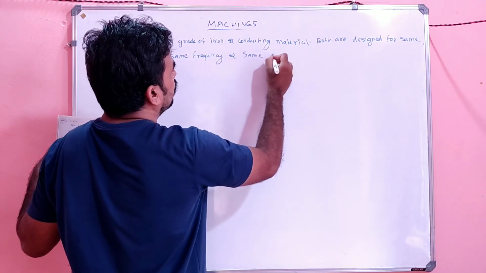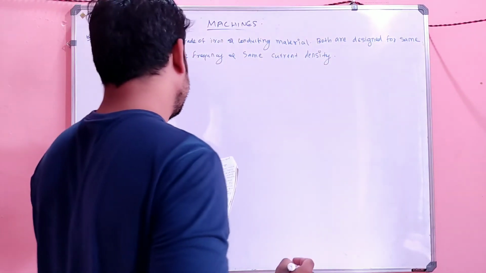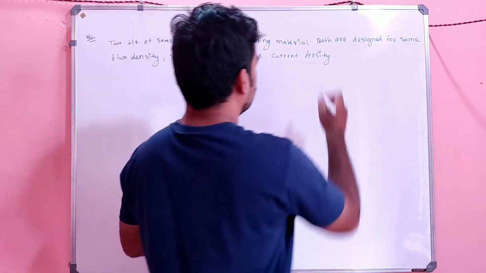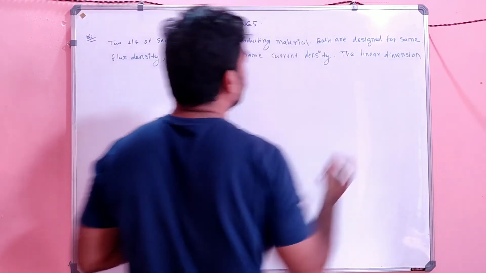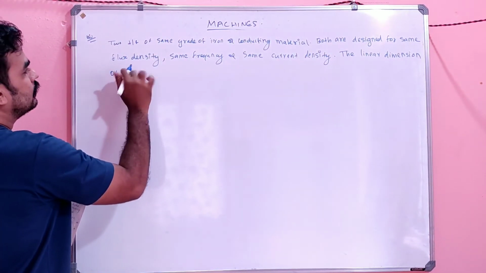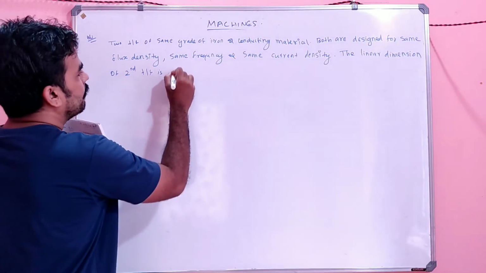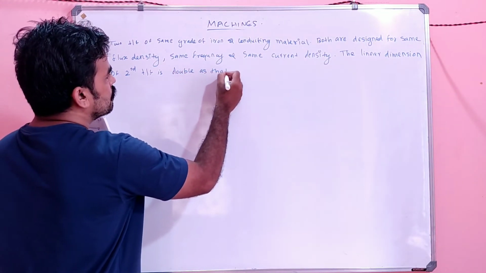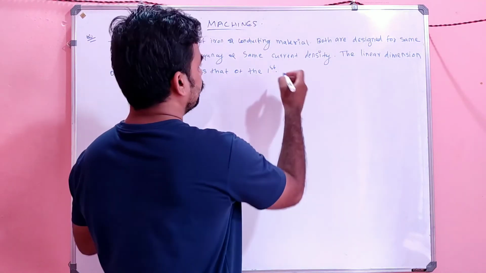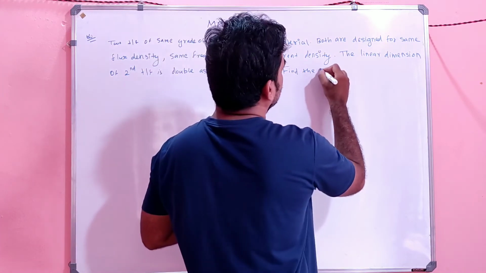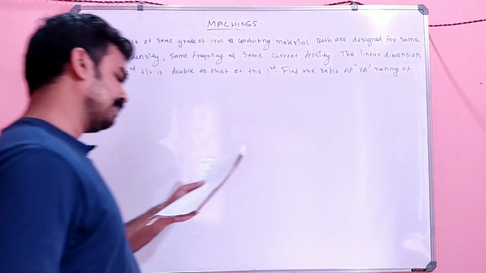The linear dimension of the second transformer is double as that of the first. Find the ratio of volt ampere rating of both transformers. It's a big question actually, but the answer is very easy.